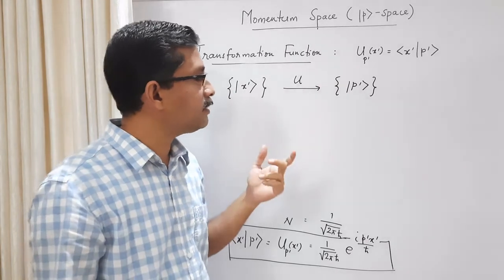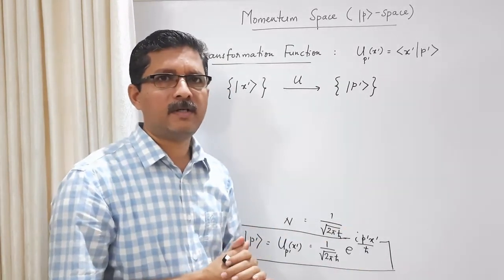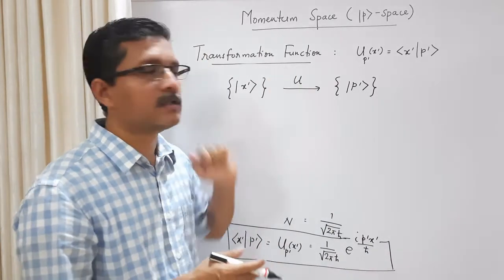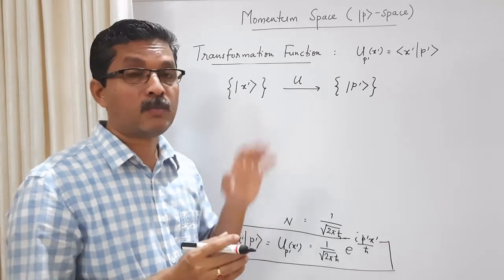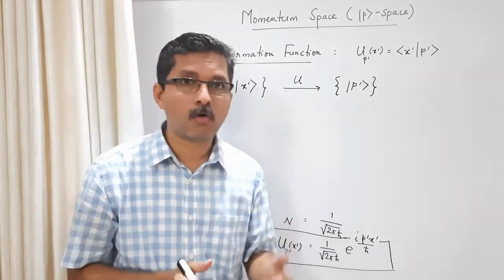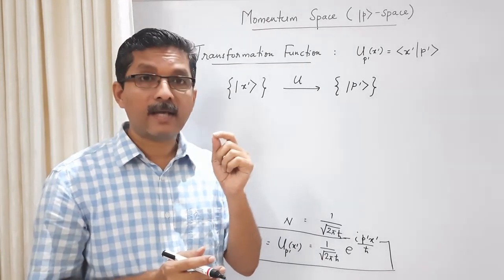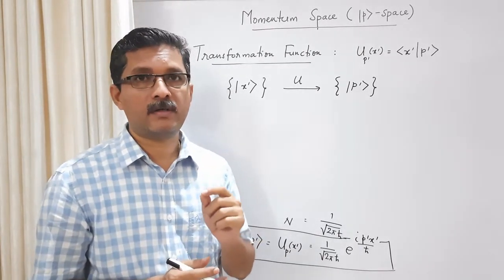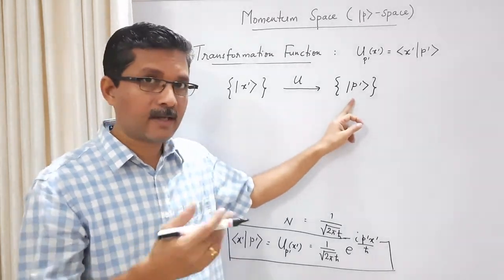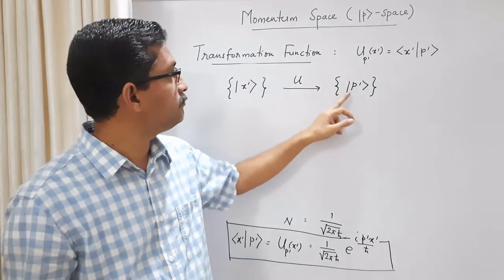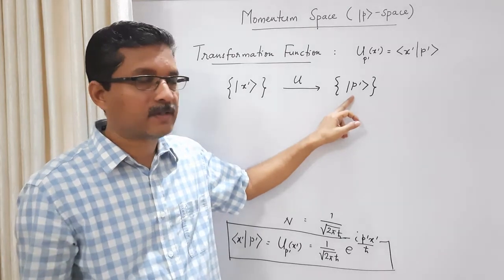So remember that when you have a unitary transformation that diagonalizes the matrix of an operator, what will be the structure of that unitary operator? What will be the matrix of that unitary operator? Each column of that unitary operator should correspond to the components of the eigenfunction of the operator P. We are diagonalizing the momentum matrix, the matrix of the momentum operator.